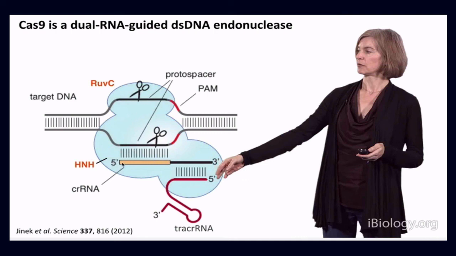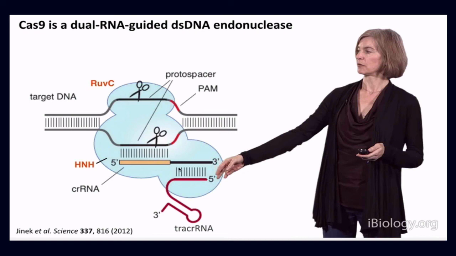So in the case of the bacteria, this is the spacer region that has the viral DNA, and it would be binding to the virus's DNA or RNA here. This is the palindromic repetitive region on the 3' end here.